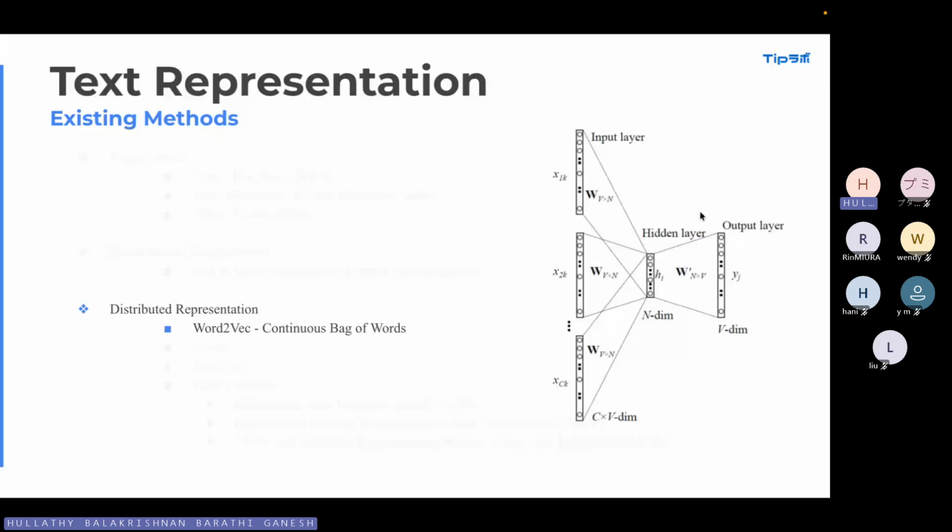So when we train this on a huge corpus, the intermediate learning that we are doing represents the context of the word. And the best part of this method is that, unlike the earlier methods, we don't need to feed the entire document in one go.